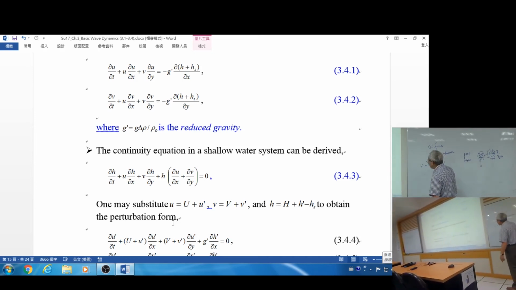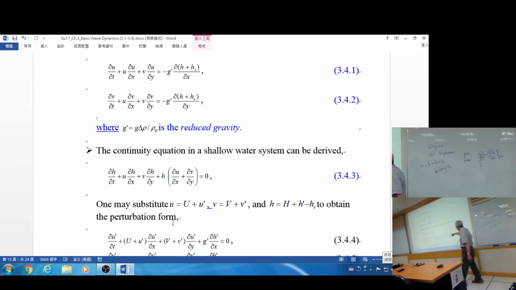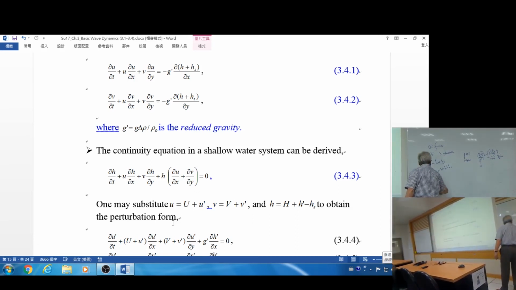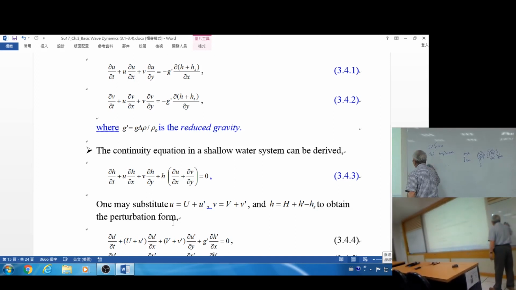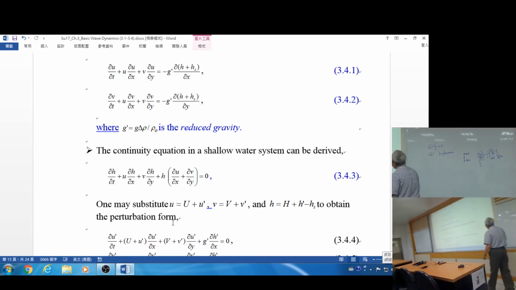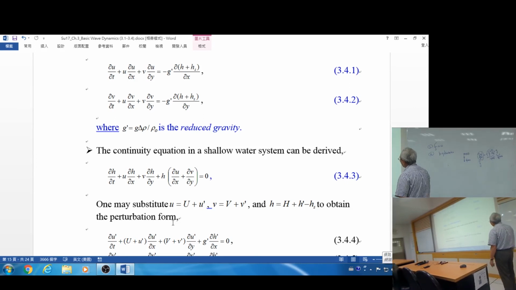This will give us H equals capital H minus H prime minus H sub S. No, it's different. So we just take this one: H equals H plus H prime minus H sub S.